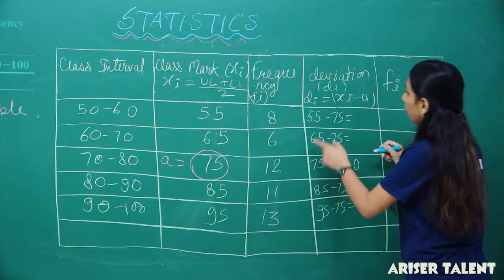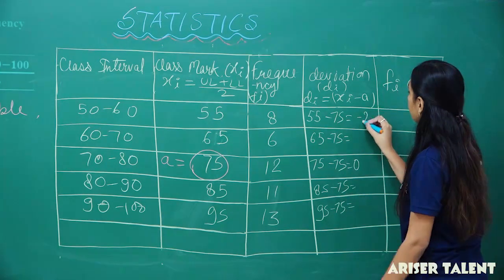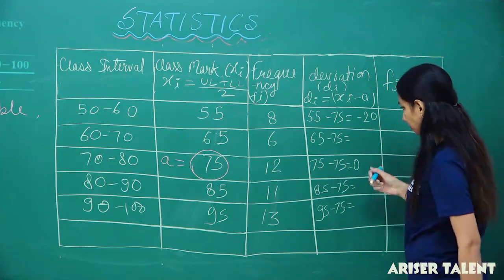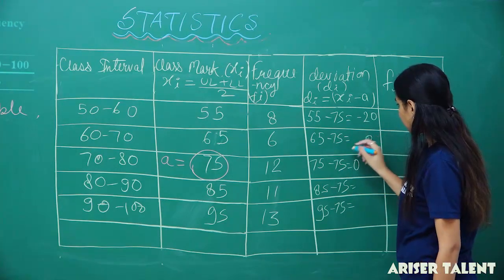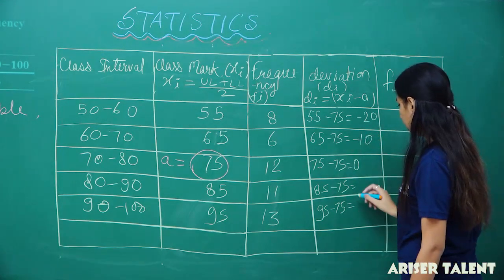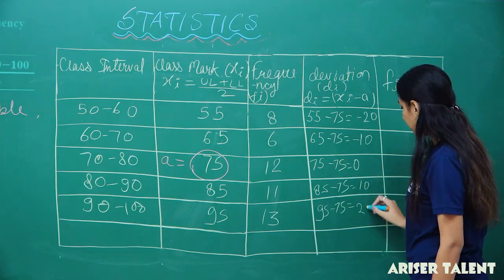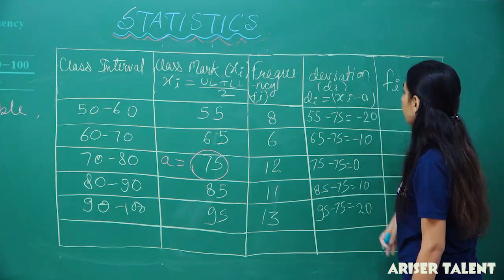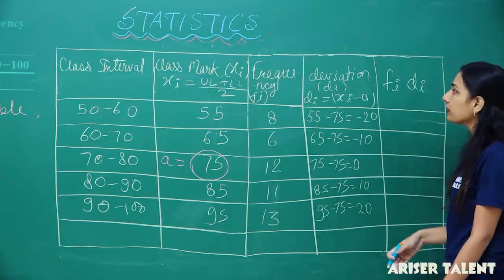The other values are minus 20, minus 10, 0, 10 and 20. So this is the value of di and this is the value of frequency fi.